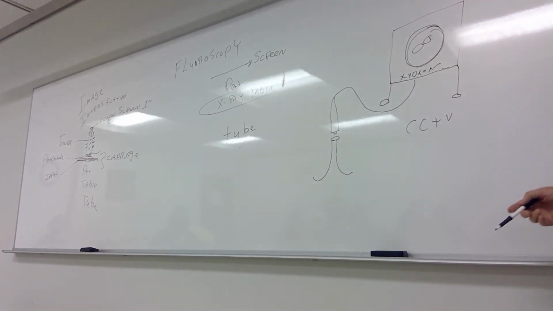So they made a movie. Then the movie film had to be processed in a machine before it could be viewed. They don't do that anymore because we have electronic imaging. So you can do what they call cine fluoroscopy. Does that make sense, those terms?